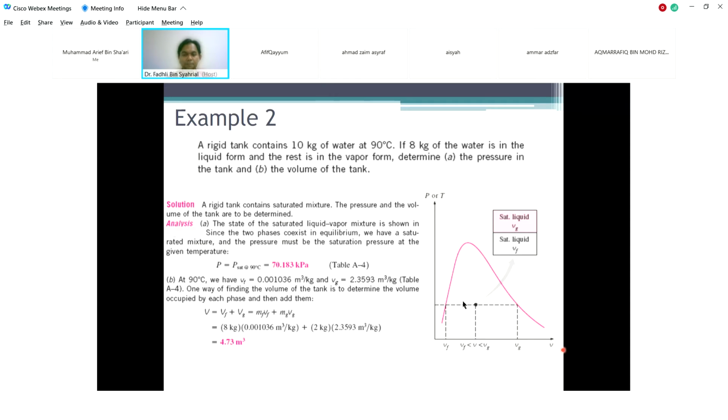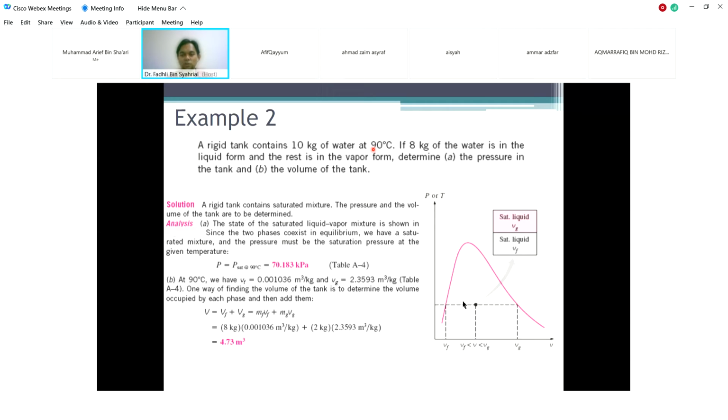The hint here is, if temperature is given, draw P versus v, pressure versus specific volume. This is the first hint. Second hint, if pressure is given, then draw temperature versus specific volume.